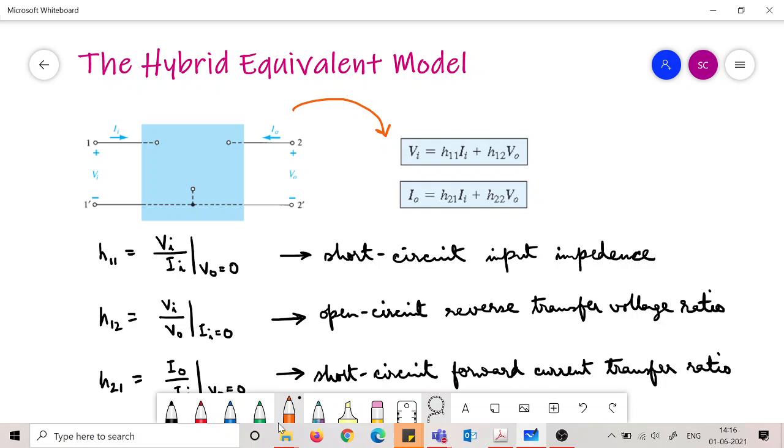Only when it is in the active region, the output current is beta times the input current, not anywhere else. Please remember this. And this is the linear behavior, that the output current is some beta times the input variable, where beta is a constant. So the output current and the input current are linearly related in the active region.